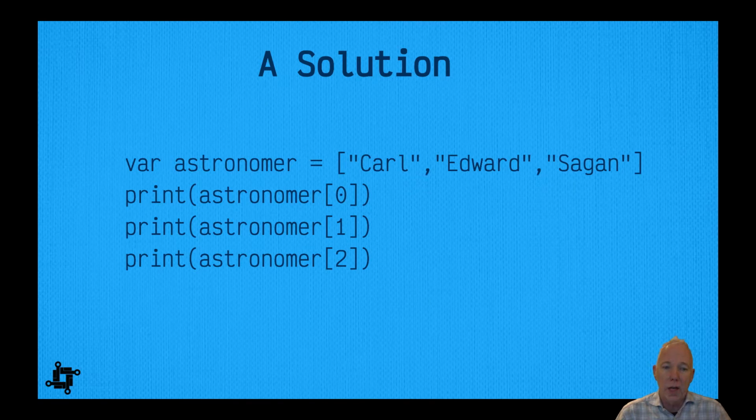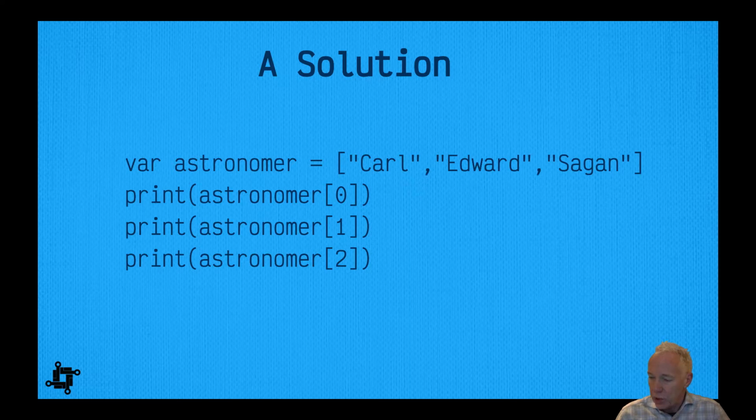In this case, we have this variable called astronomer, and we are giving it an assignment. And notice we're using an implicit declaration here, so we're not telling it the type. It's implicitly defining the type because we have the left and right bracket, which means it's an array. And since all of these elements are strings here, it knows it's an array of strings.